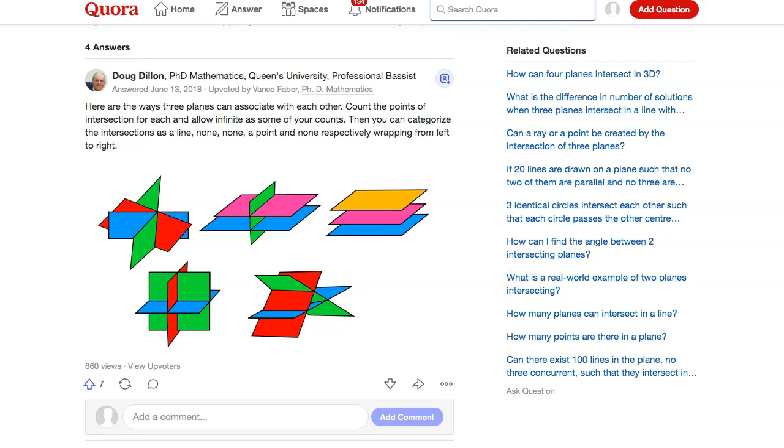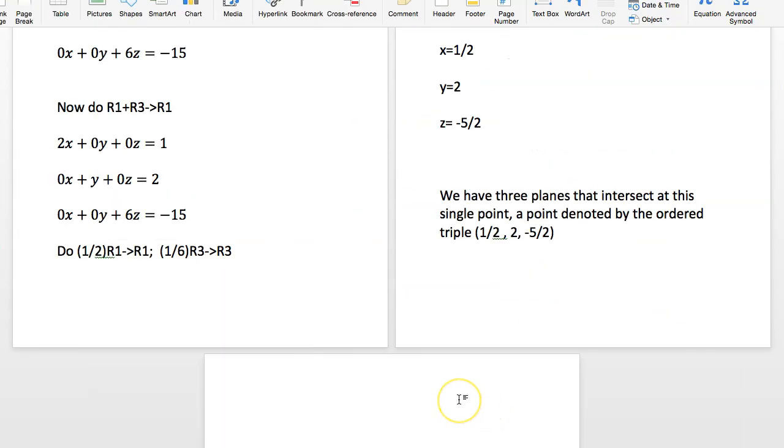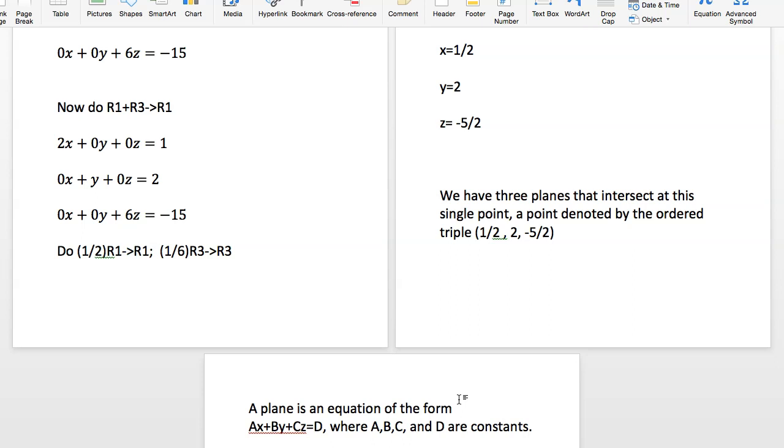So just to reiterate that before I go for the day, a plane is an equation of the form ax plus by plus cz equals d, where a, b, c, and d are constants. Now the x, y, and z are variables.